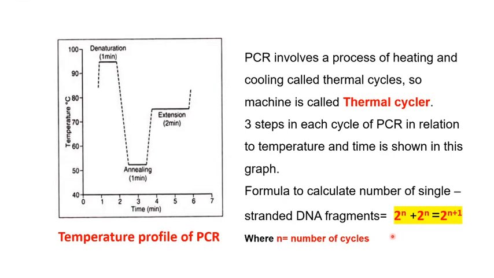Initially, we can easily calculate up to 6 or 7 cycles manually, but later, in the 30th or 35th cycle, we can use this formula. 2^n for one strand and 2^n for the other single strand, both combined together form 2^(n+1), which easily gives the single-stranded DNA fragments formed in the PCR technique.